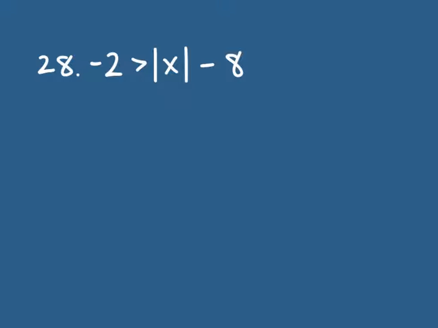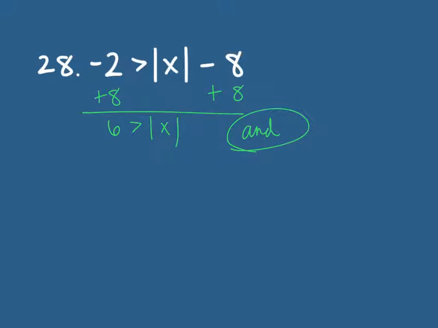So I'm going to add 8 to both sides, and I get 6 is greater than the absolute value of x. So we have a less than sign pointing towards my variable, which means I'm looking at an and statement here. From here I'm going to break it up into two separate inequalities. I've got 6 greater than x, and I've also got -6 less than x.